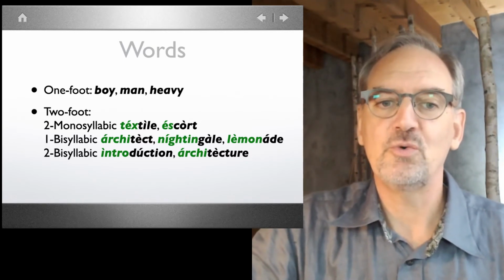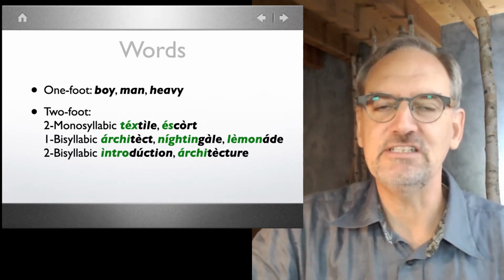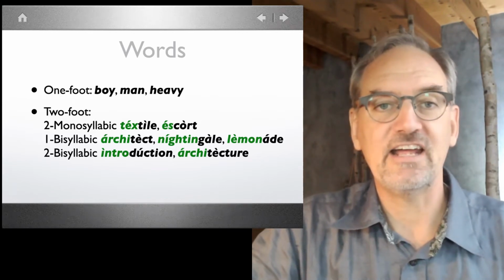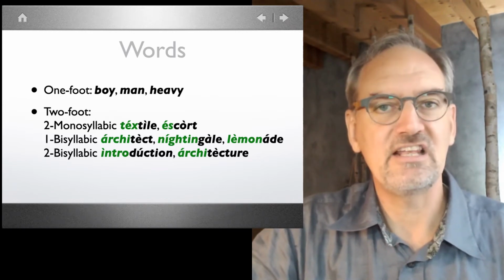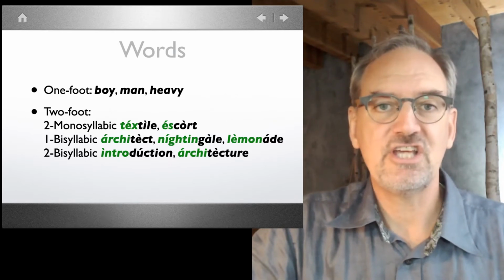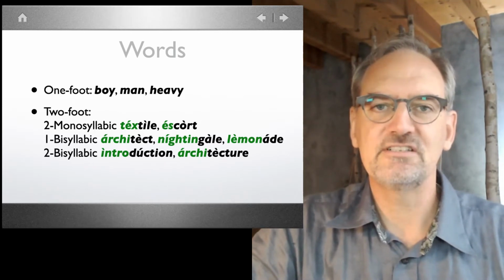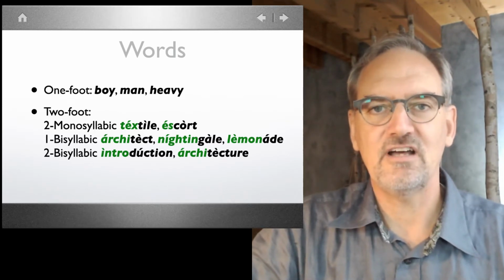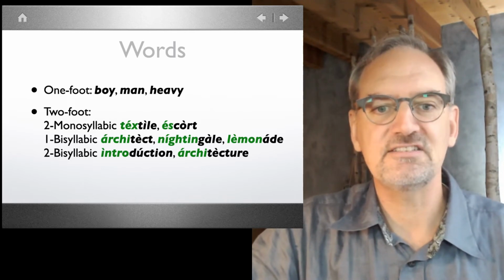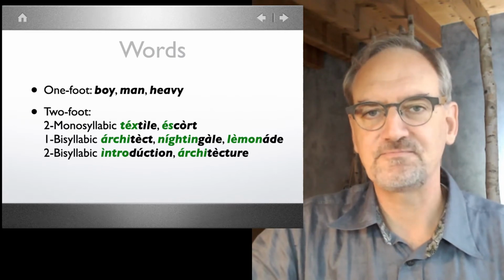Now we have words with 2 feet where one of the feet is a bisyllabic foot and the other is a monosyllabic foot. Words like architect, nightingale, lemonade. In each case, the stressed syllable in the bisyllabic foot is the first syllable of that foot. In some cases, it's primary stress, as in architect, nightingale.